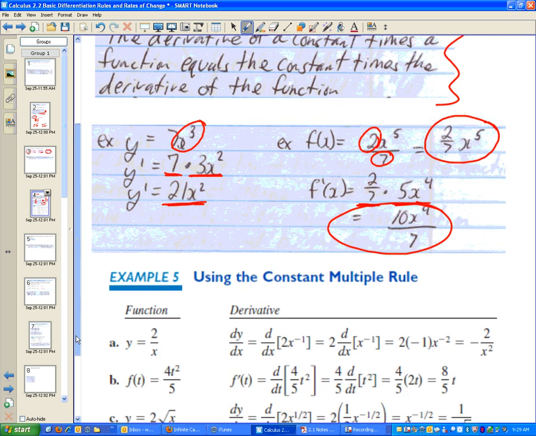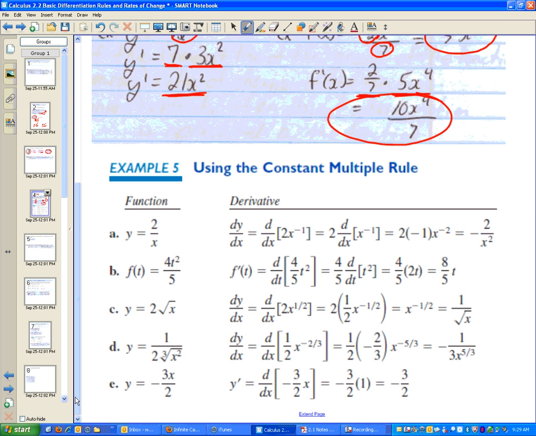Good. All right, so then look at these examples from the book. Example 5 is on page 110. If your function equals 2 over x, rewrite your 2 over x to be 2x to the negative 1, which is 2 times whatever the derivative of x to the negative 1 is.